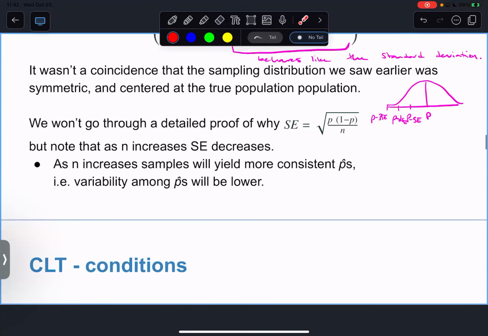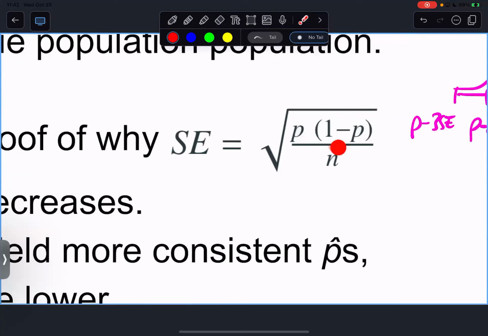If you dissect the standard error, what happens as n increases? As I increase my sample size, I'm dividing by a bigger number, which makes this whole fraction smaller. A square root of a smaller number is still smaller. And so as I increase my sample size, the spread, which is the standard error, is going to tighten up around my population proportion, right?